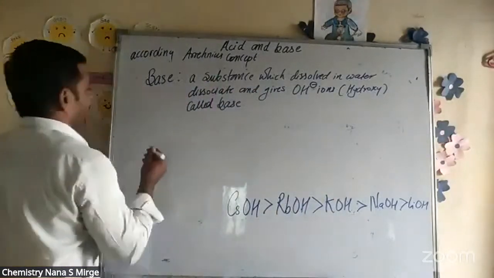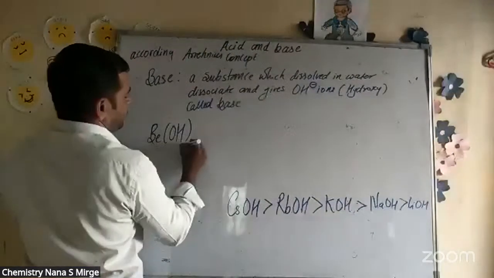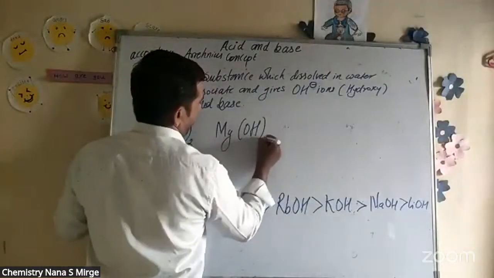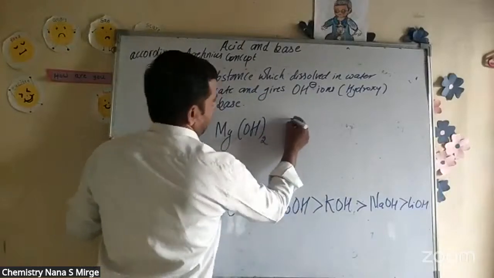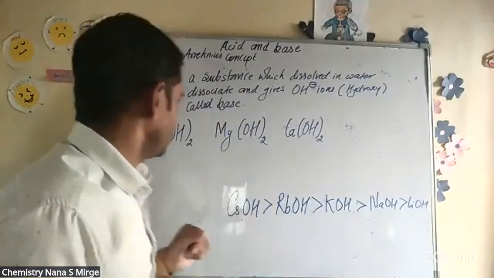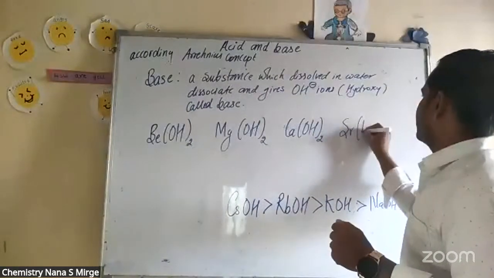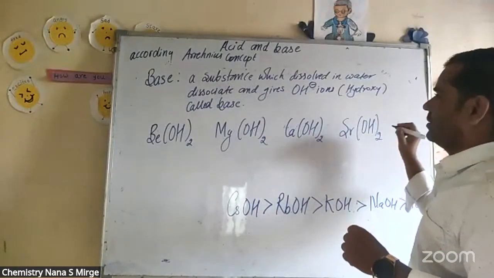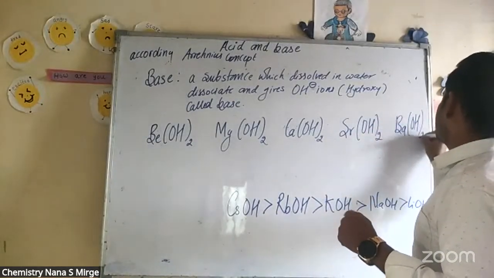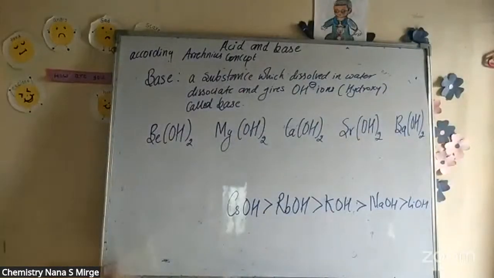So you have Be(OH)2, then Mg(OH)2, then calcium hydroxide Ca(OH)2, Sr(OH)2, and Ba(OH)2. Then tell me which one is a strong base among these?